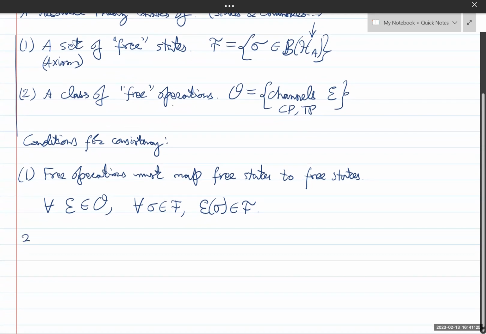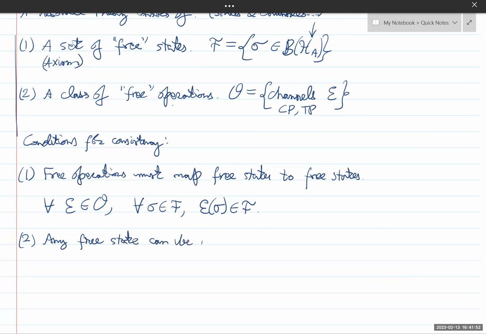A second condition, not universal or necessary for a resource theory to be consistent, but it is often true and quite handy, is that any free state can be prepared by free operations.